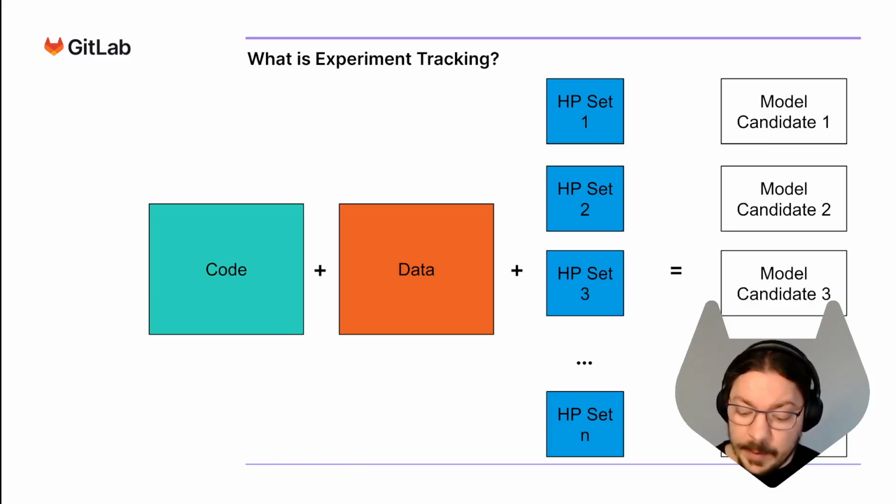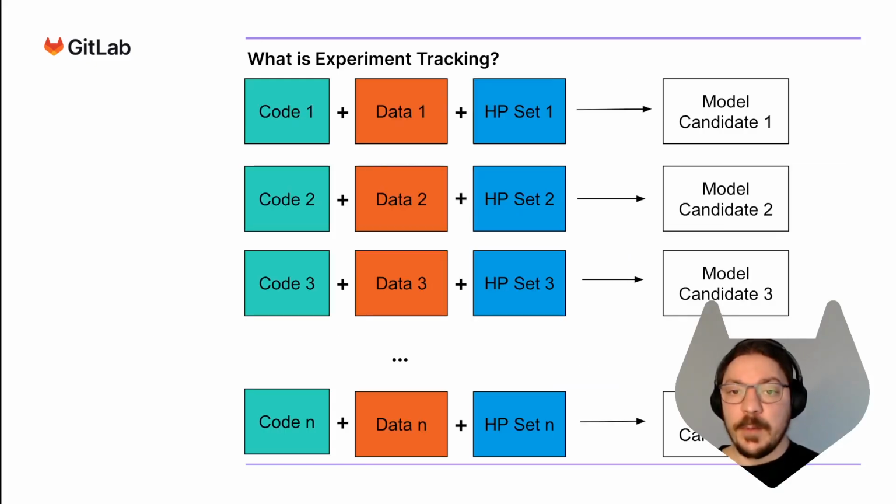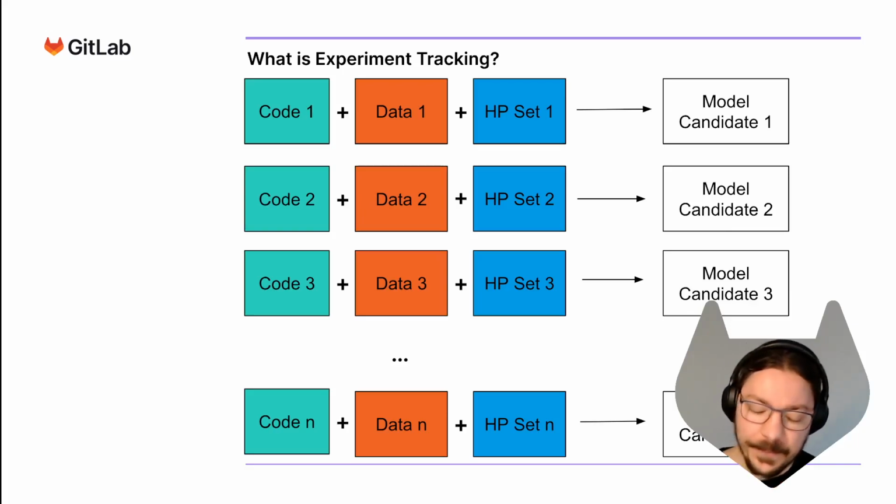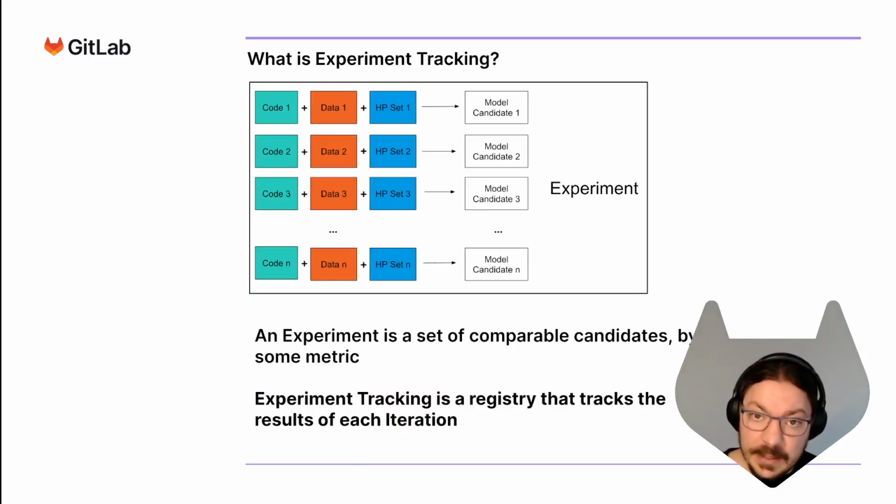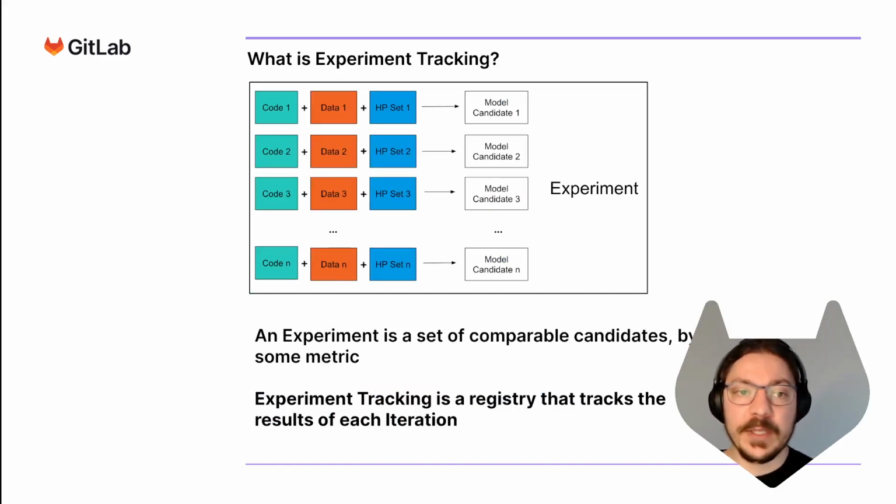Now, beyond hyperparameter tuning, in experiment tracking we can have not only the hyperparameters being changed, but also the code and the data itself. Each one of these combinations will generate a candidate. And an experiment is a set of comparable candidates. So we will have pointers to the code, to the data, and to the hyperparameters, and each combination will generate a candidate that I want to compare against other candidates.